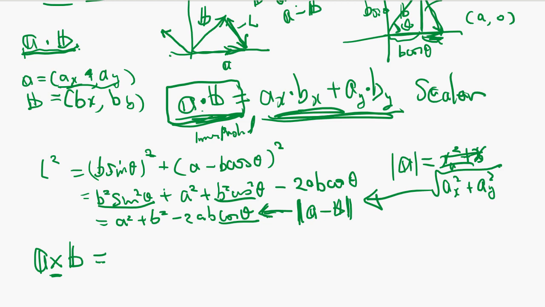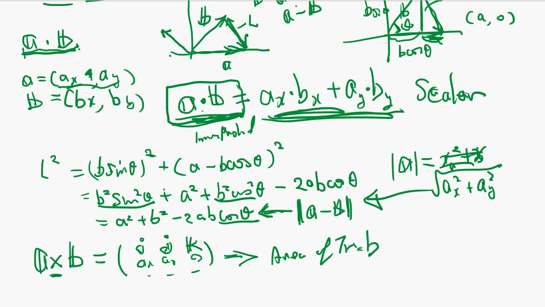We define this outer product using the matrix with I, J, K for 3 dimensions, AX, AY, AZ and so on. This can give the area of a triangle, but this product stays a vector.